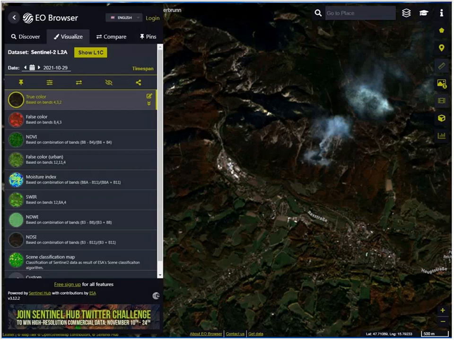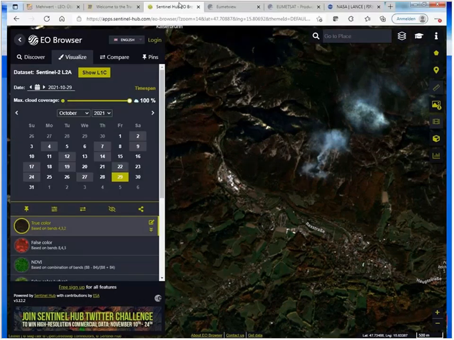The only problem with this product is that you have to zoom in very narrowly to get this region, and if you look at the calendar and see the overpasses, you see that you have 24, 27, and 29, and in between you don't have an overpass. So this is really a drawback.